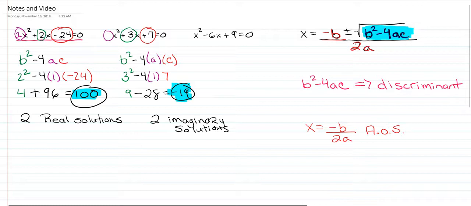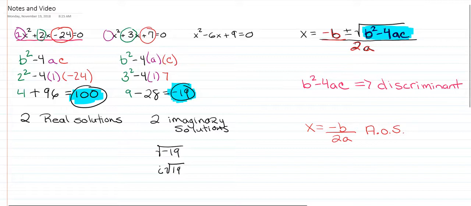Because remember that the square root of negative 19 is really i square root of 19. But when I ask for the discriminant, I don't want the square root part. I just want the numbers highlighted here in blue. That is what tells me, okay, positive, real solutions. Negative, imaginary solutions. And it's 2 of each.